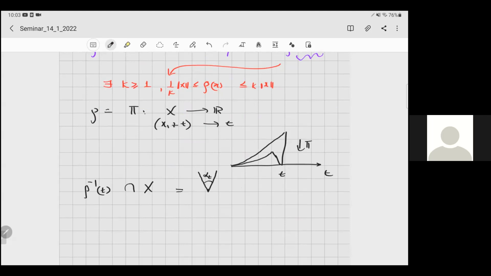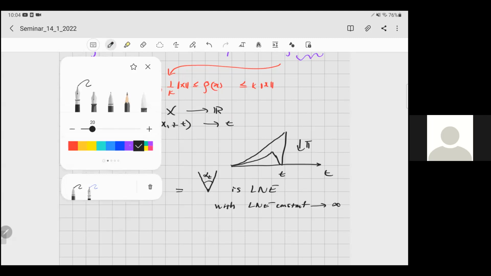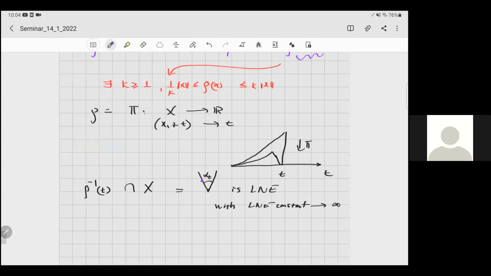So actually, the Lipschitz constant of this one tends to infinity, because when we take 2 points in 2 different branches, we want to go from one point to another.